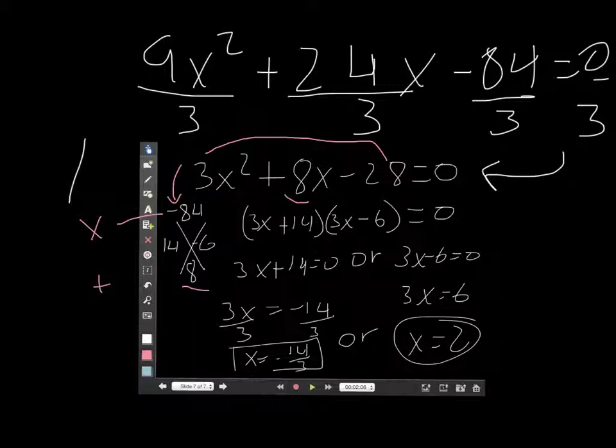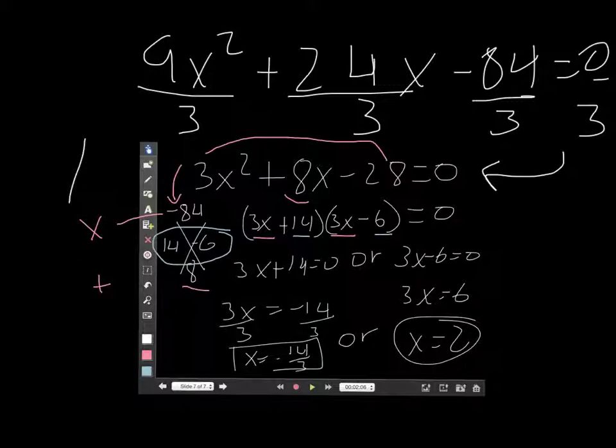And the answer is 14 and negative 6, if you check it. 14 times negative 6 is negative 84, and 14 minus 6 is 8. So then I bring my 3x over, 3x and 3x, and my 14 and negative 6, I put them as part of the answer.